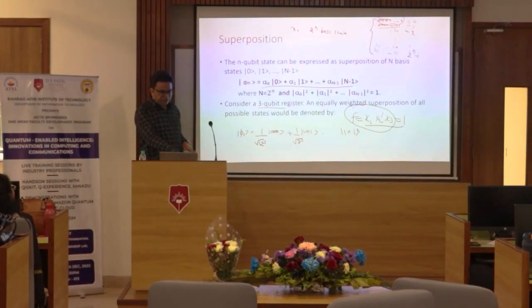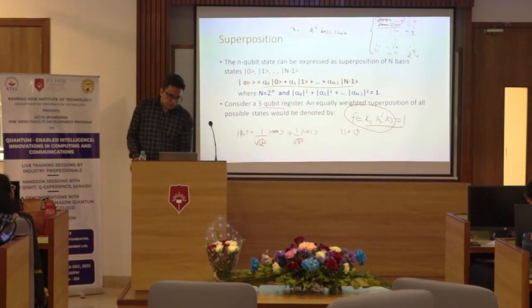But if you measure them, you will get 101, 000 and all states with the same probability, that is 12.5%, basically 1 by 8. So you cannot distinguish your answer from the non-answer values.